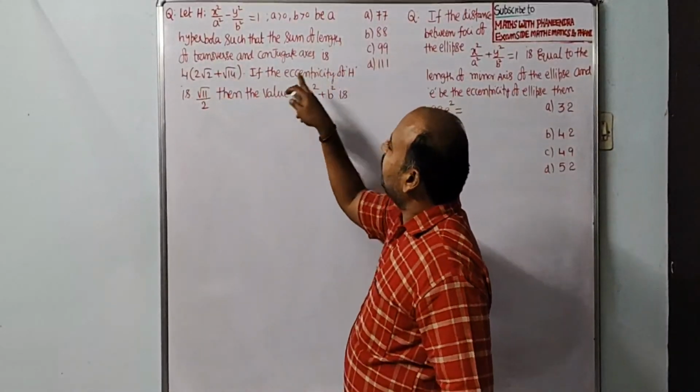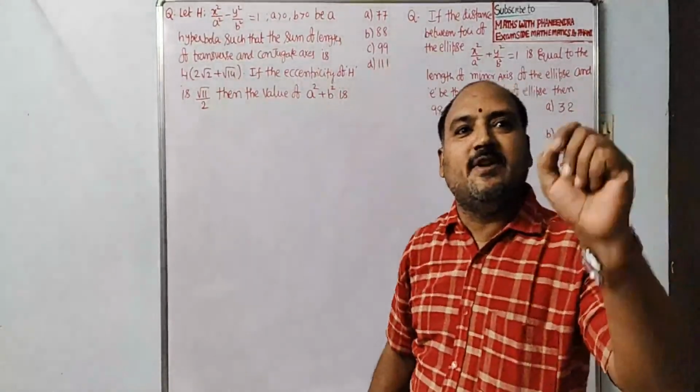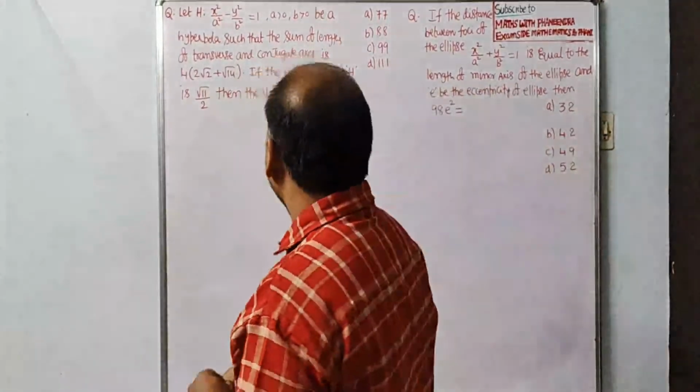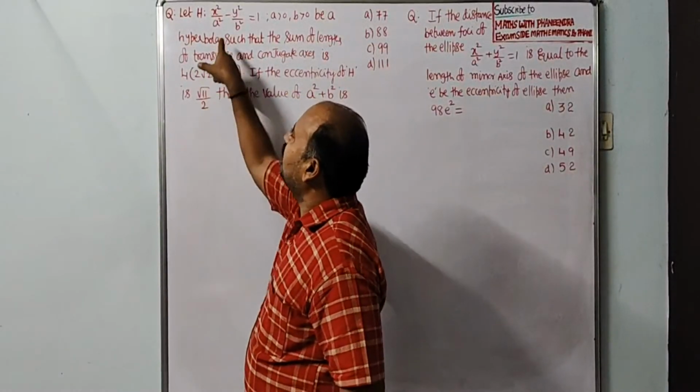If the eccentricity of H is root 11 by 2, then find the value of a square plus b square. See, first eccentricity is given as root 11 by 2.